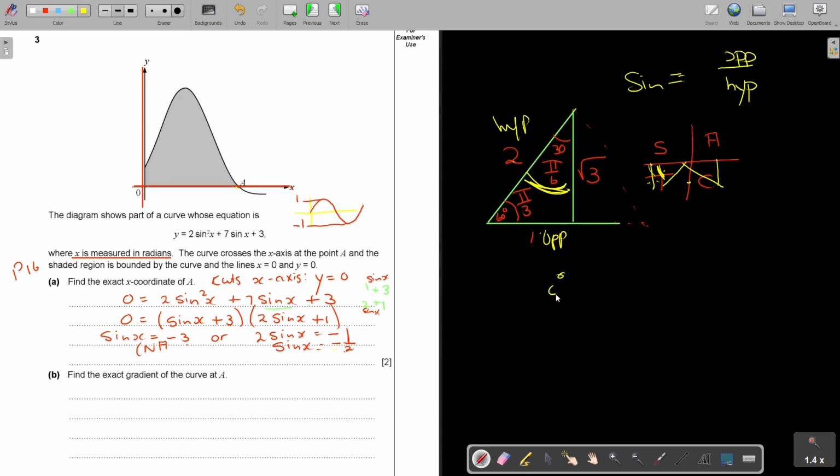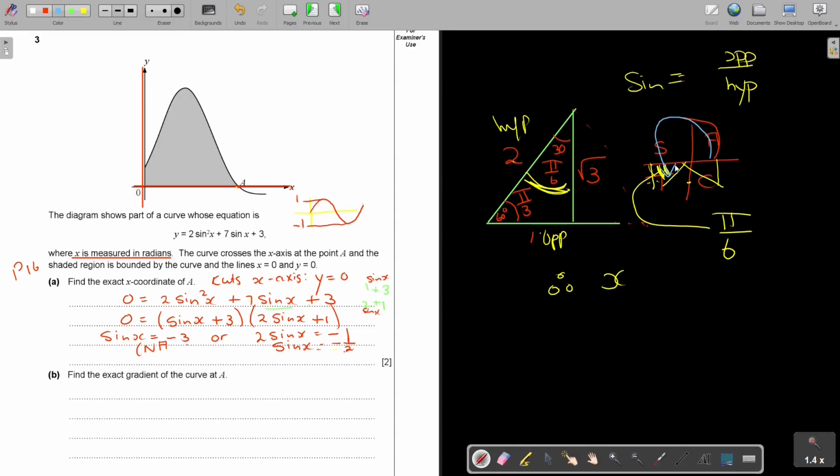So therefore, I can see that the value is going to be pi over 6, but it's not the value of x. That value is going to be pi over 6. But remember, we are interested in, I want to use another color, we are interested in this.